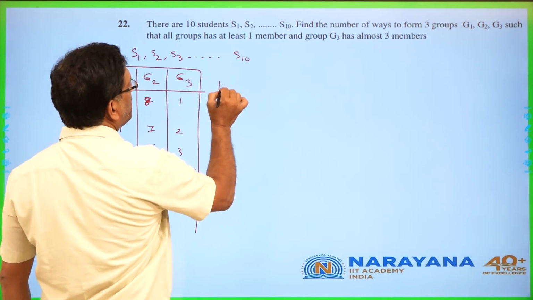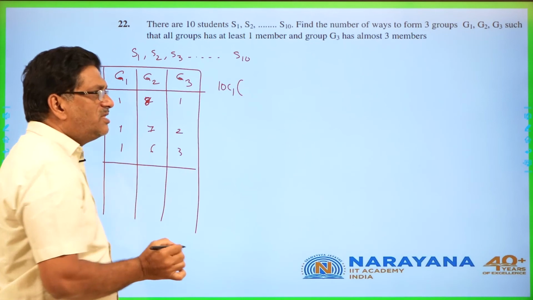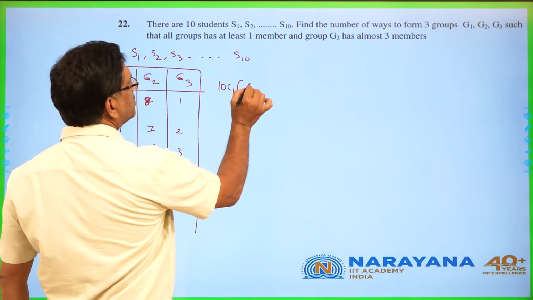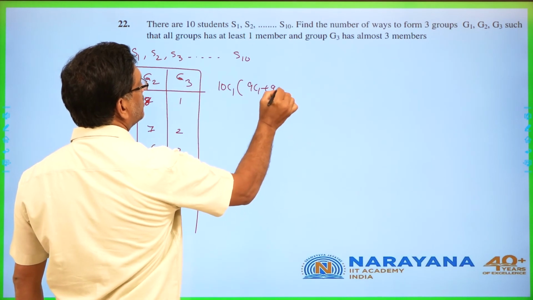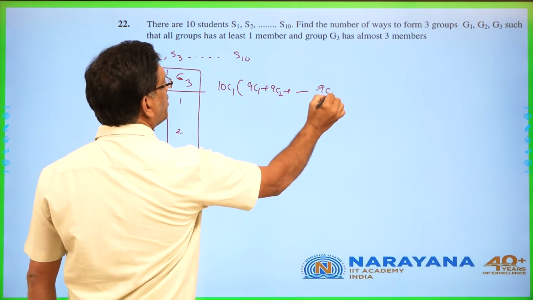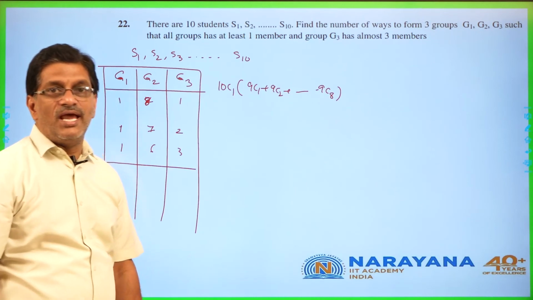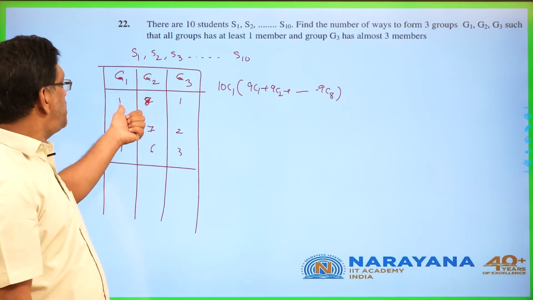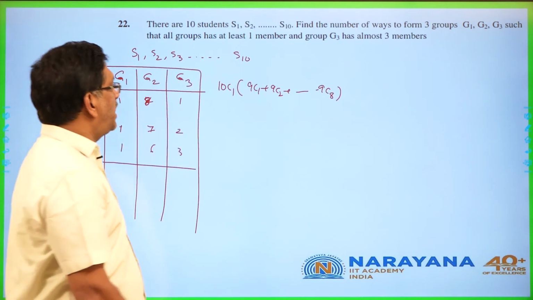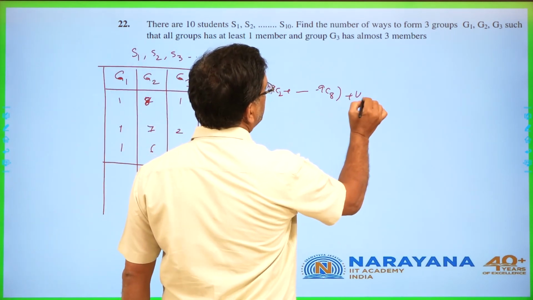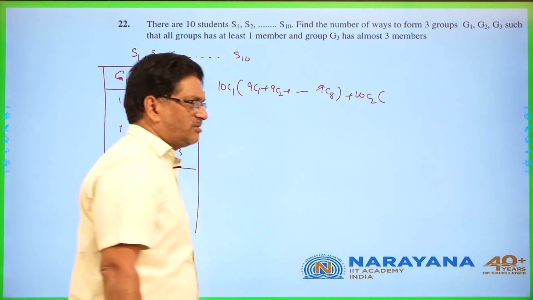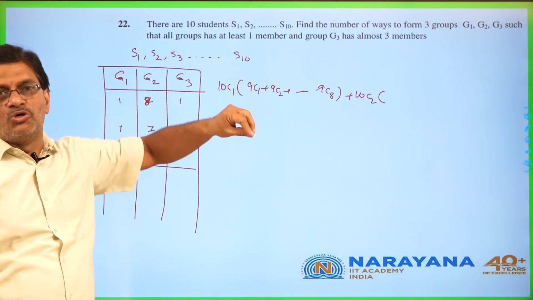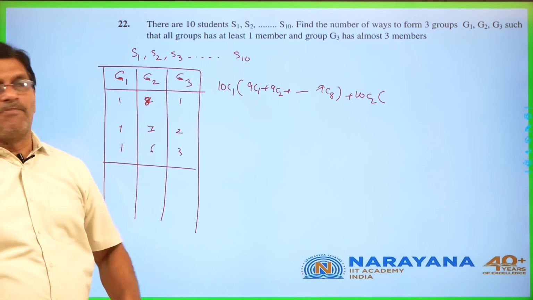First select one person for the third group. Then select one or more persons in 9C1, 9C2, and we can go up to 9C8 because one has to go to the third group. As the condition is given only on the third group, it plays the important role.